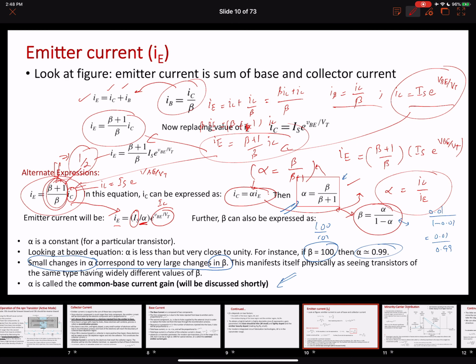We derived that this emitter current is the summation of the collector and the base current. Then we derived another factor, alpha, which equals the ratio of the collector current to the emitter current. So this was the common base current gain. We're going to discuss that in more detail.